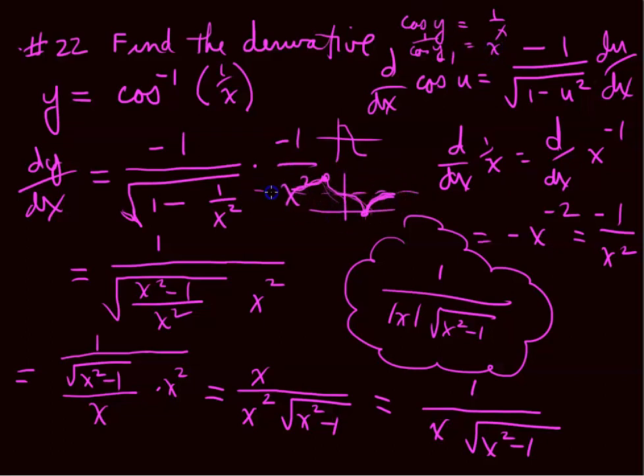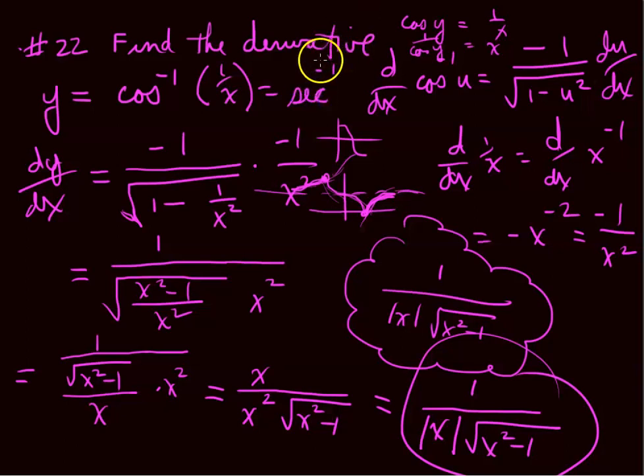So all of these slopes are positive. So I need to make sure this is positive and put an absolute value. You could have gone up here and said, hold it, inverse cosine of 1 over x, that's the same as inverse secant of x, and that would give you this right away.